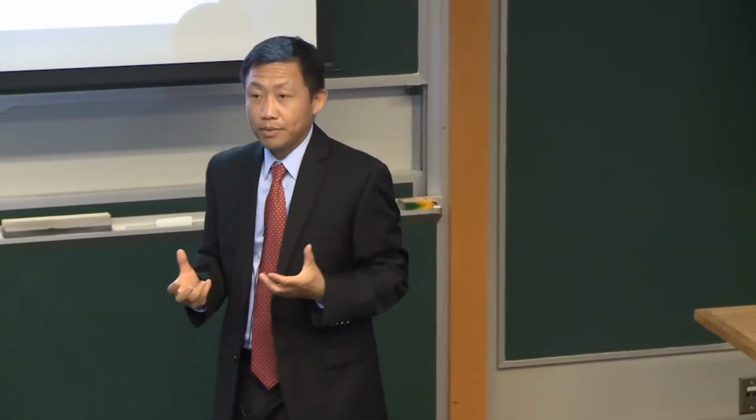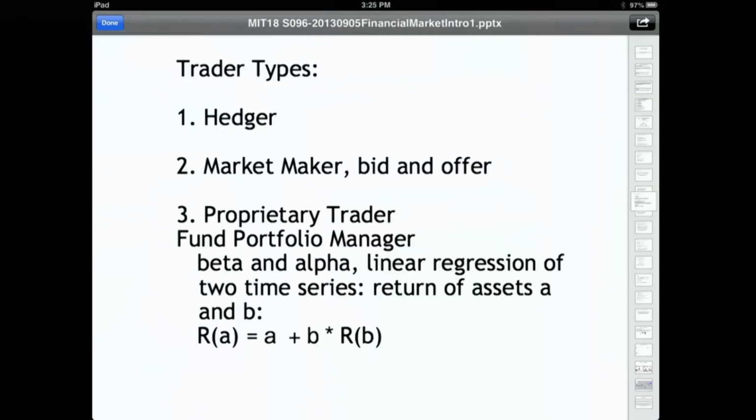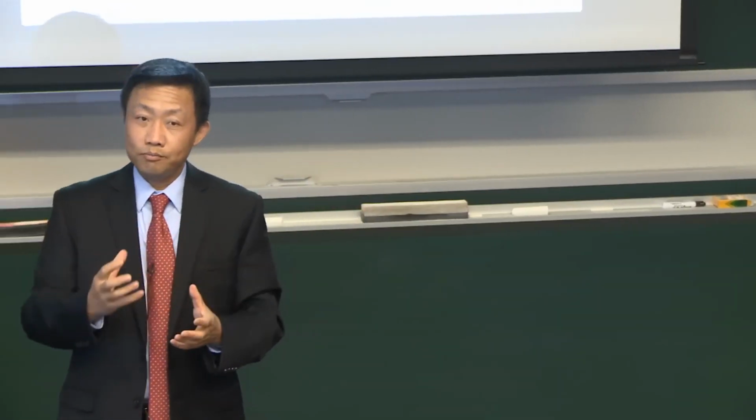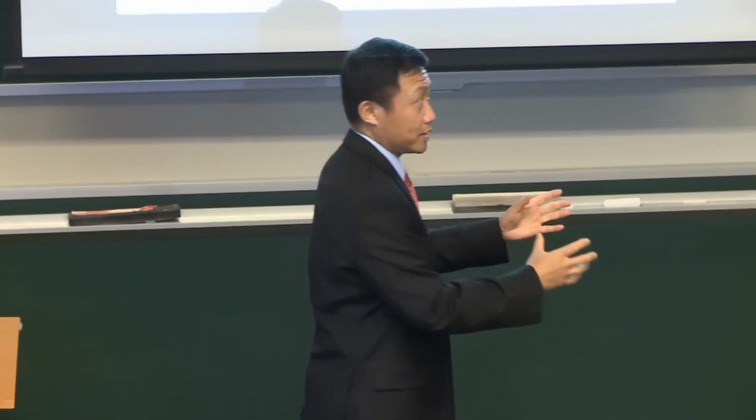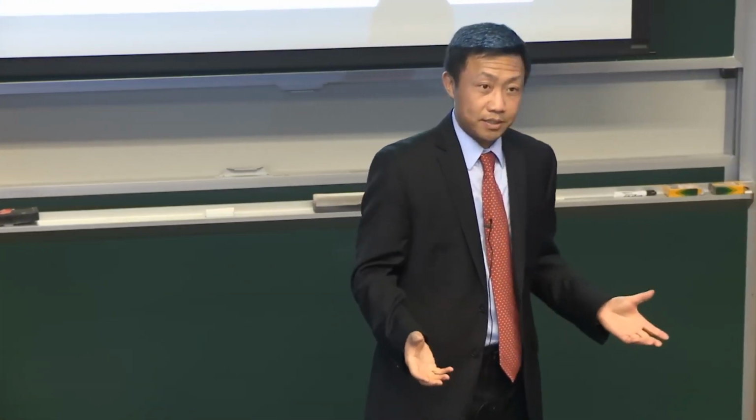The second type, as I mentioned, is the market maker. The market maker also takes principal risk, but the main source of profit is really to earn the bid offer. I gave you the example of 90 cents bid, 95 cents offer. So that's what the market maker is trying to profit from. But obviously, they have residual risks sitting on the book.